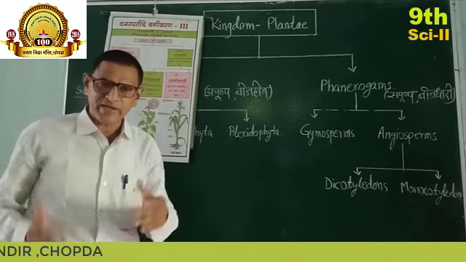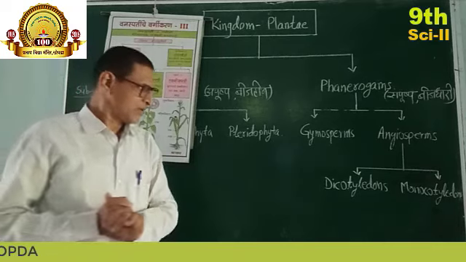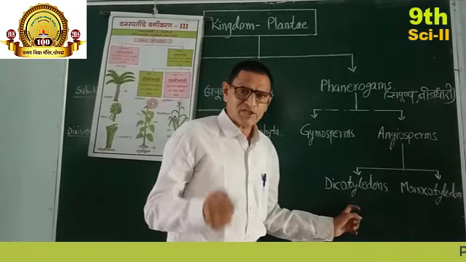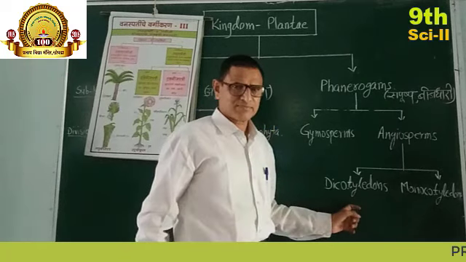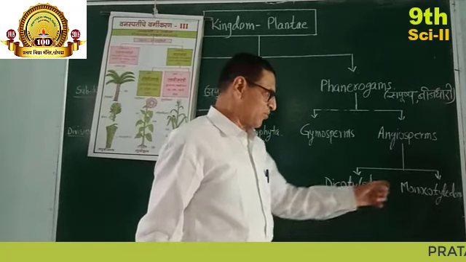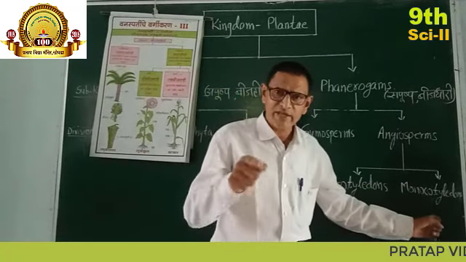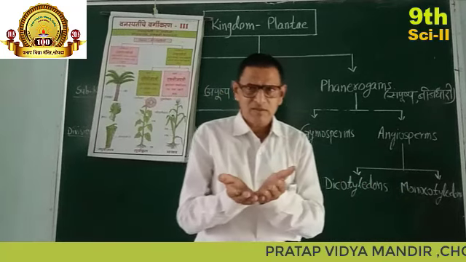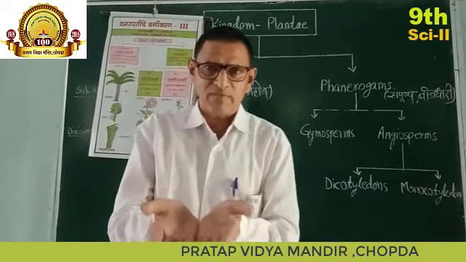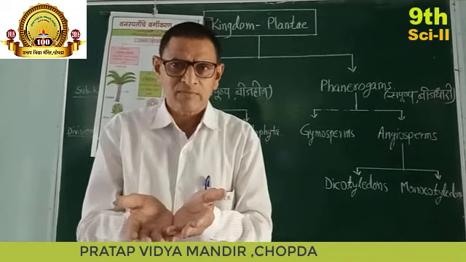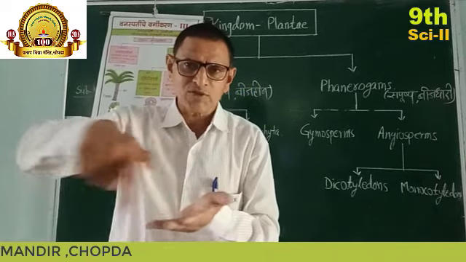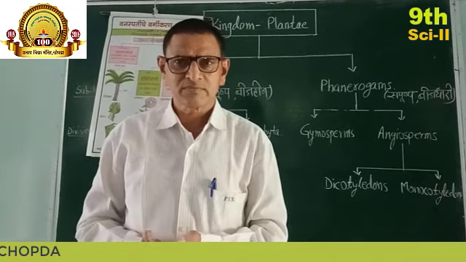About the variation, in the dicotyledon, venation is reticulate, but in monocotyledon, venation is parallel. Venation means the veins present in the leaf lamina. Branches and sub-branches constitute a venation.